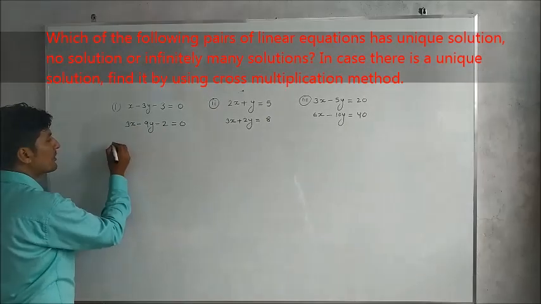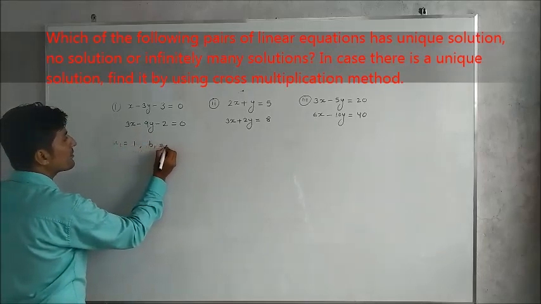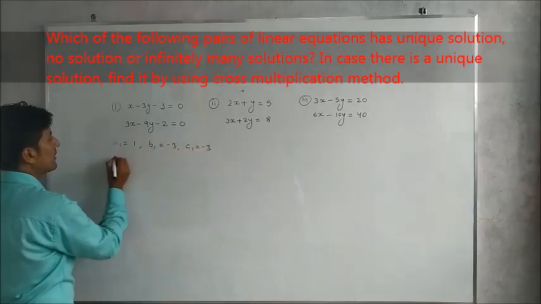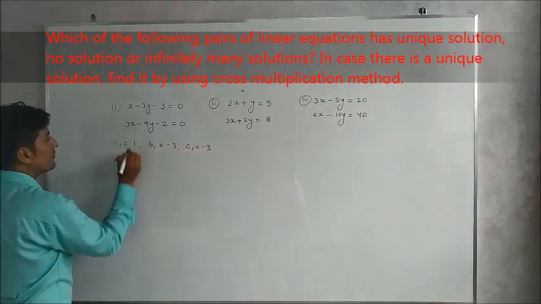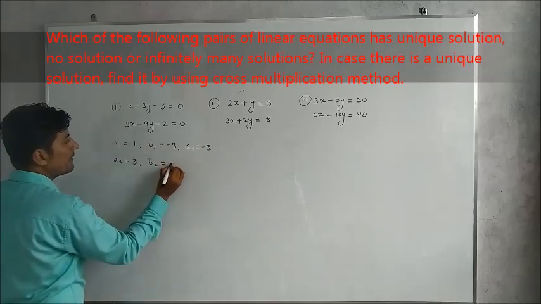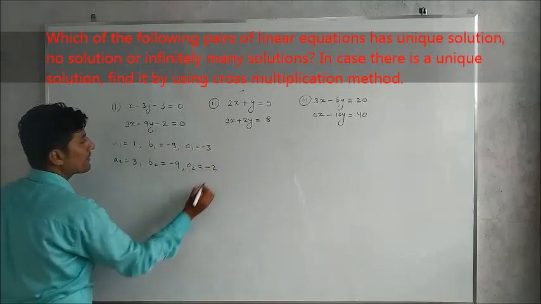For these two equations, the value of a1 is 1, b1 is minus 3, while c1 is minus 3. Now a2 is 3, b2 is minus 9, and c2 is minus 2.